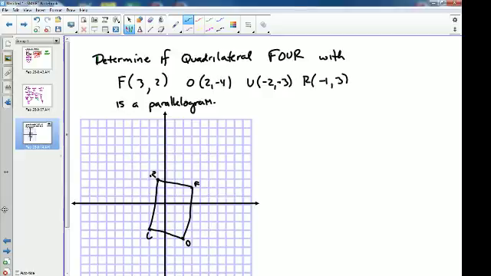To prove this is a parallelogram, we have to use slope. So what is the slope of side FO? This notation is very common in math, in science really. The slope of side FO.